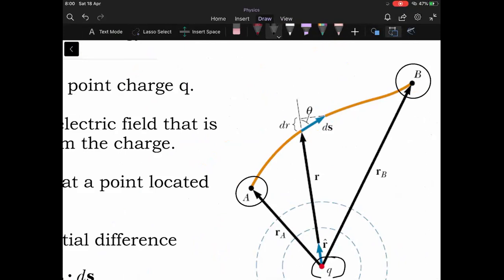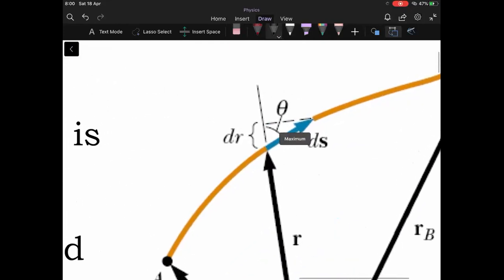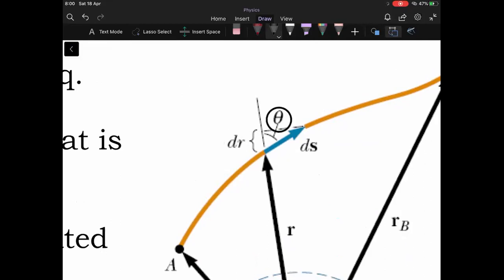So when you are moving along this path, which is shown by this brownish line, let us say during some instant it got displaced by a distance of ds. It got displaced by a distance ds, and at that instant it makes an angle theta with the position vector. What is the position vector? R, with respect to the point charge.